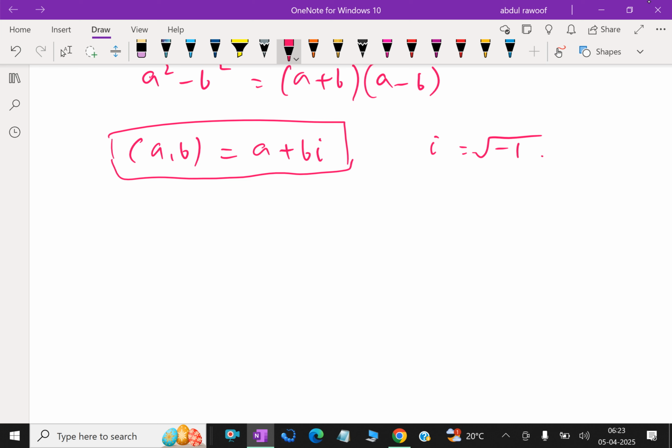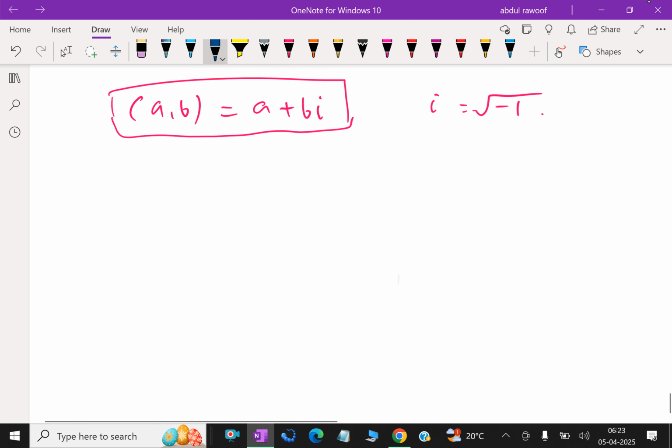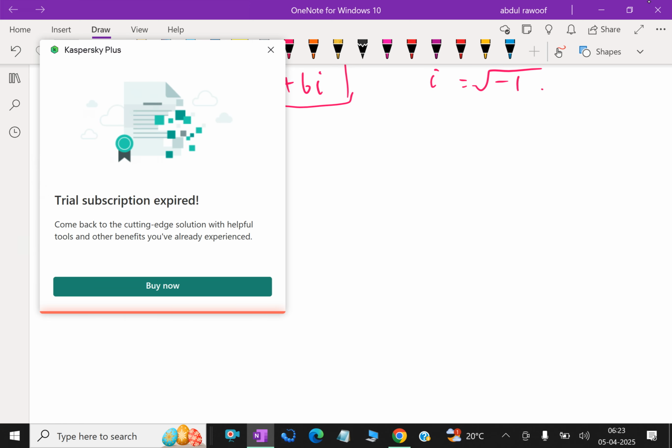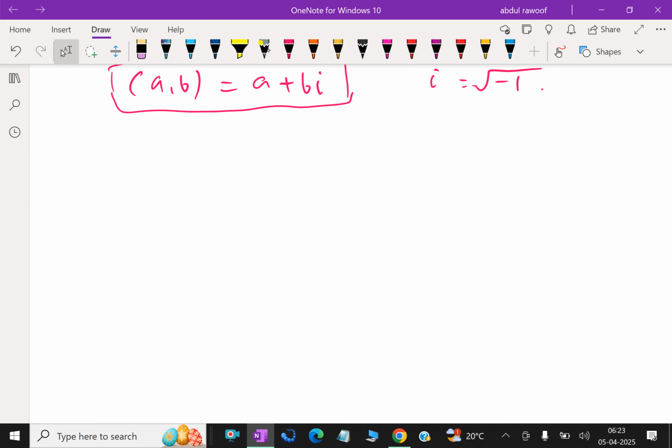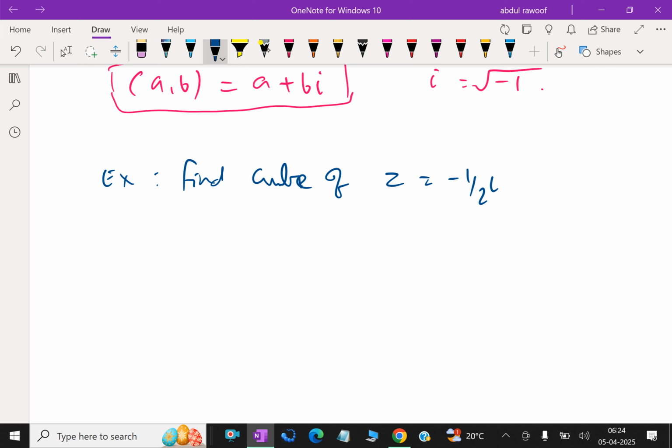Now, for some examples, look at some examples here. Find the cube of z, which is represented by minus half plus I root 3 by 2.